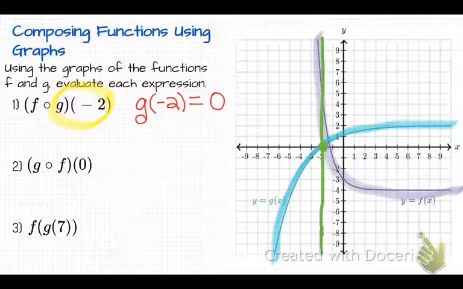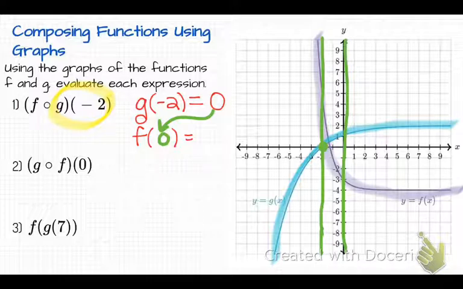Okay. What do I do with that 0 now? Plug it into f. Good, so I'm going to find f of 0 now. So when x is 0, that's right here.